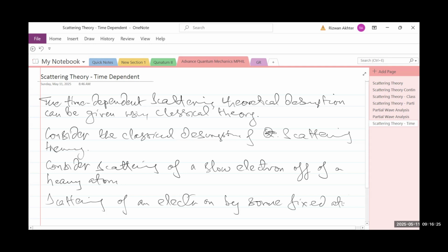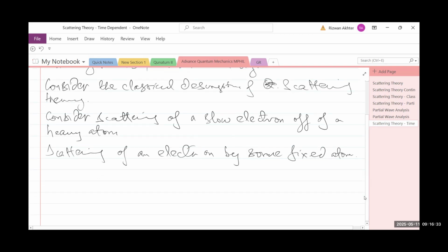We could also consider the case where the target particle and the one which is being targeted both move, but for the sake of simplicity we consider that the scattering of this electron is by some fixed atom.